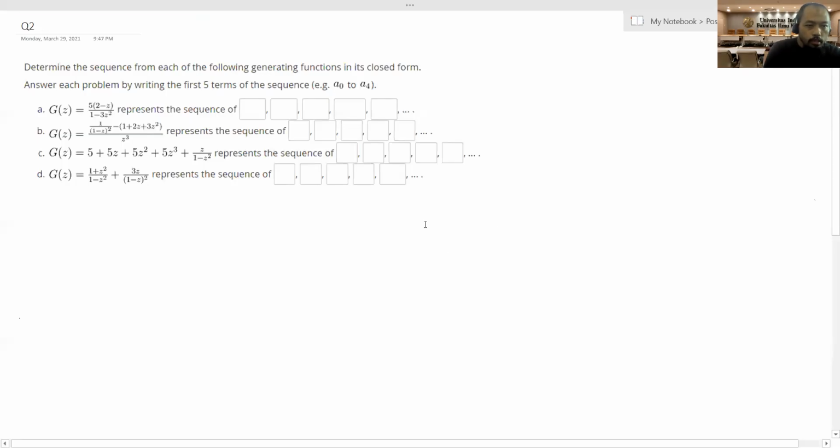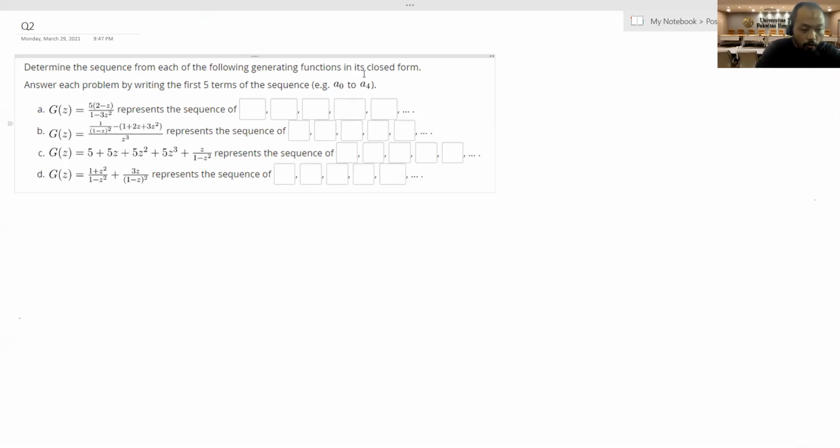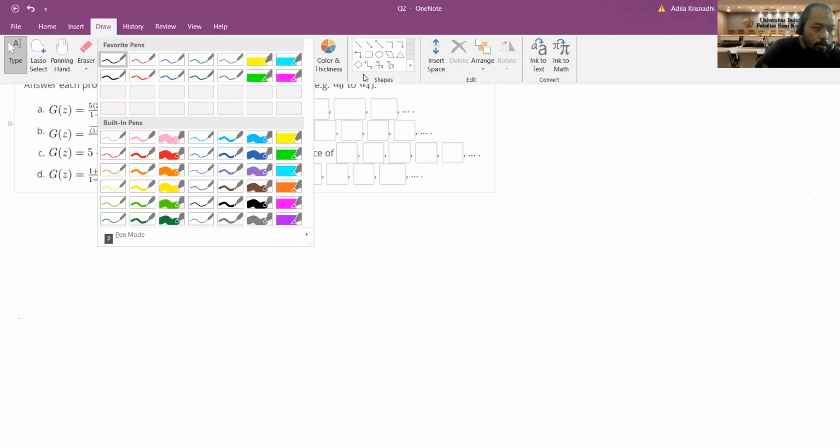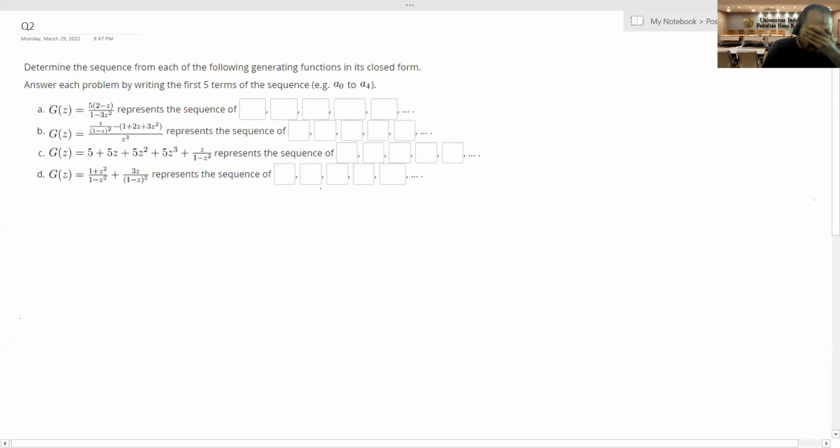All right, so for question number 2, we are given a closed form of generating functions, and we would like to obtain the first 5 terms of the corresponding sequence.